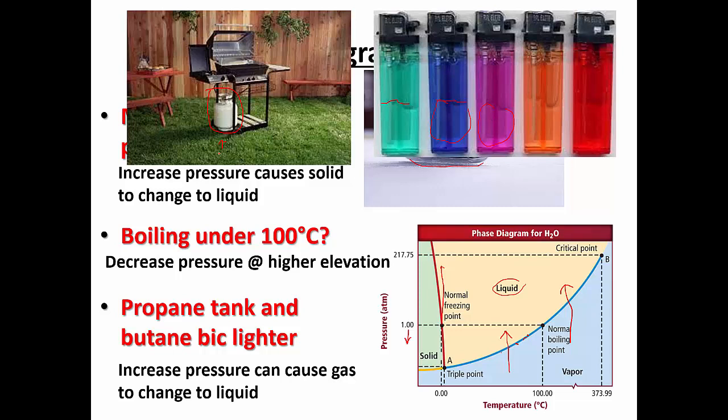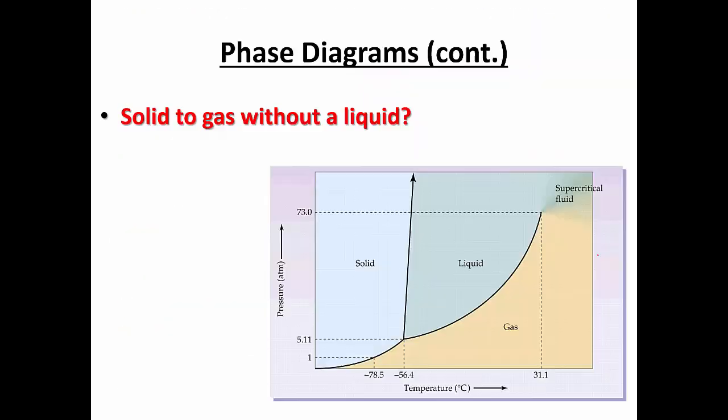So in interpreting a phase diagram, we see where our solids, liquids, and gases are, and along the line the state of matter is changing. Kind of an interesting one that we use in here is dry ice.